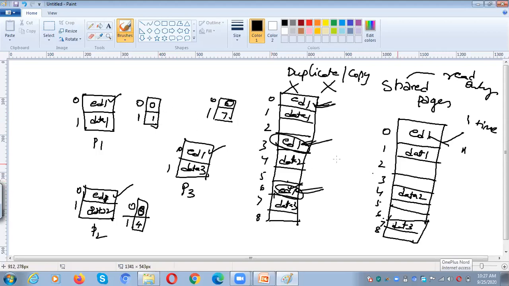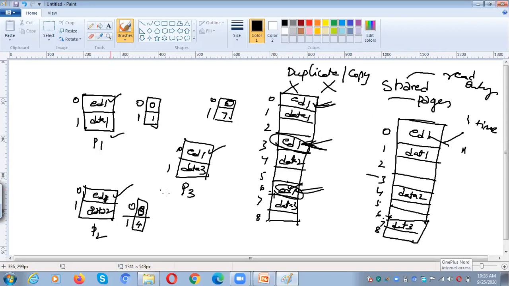The third frame is empty. Here the third frame is occupied by ED1 again, but here it is a free frame. Here the sixth frame is occupied by ED1 again, and here the sixth frame is free. These free frames are utilized for the other processes so that we can save the memory. That is the concept of shared pages.